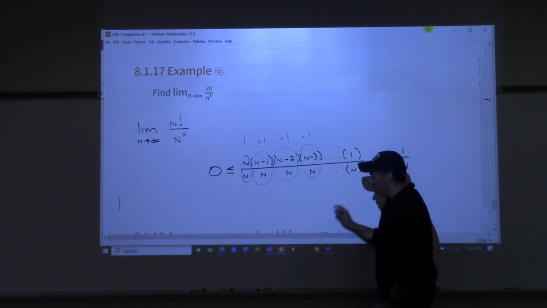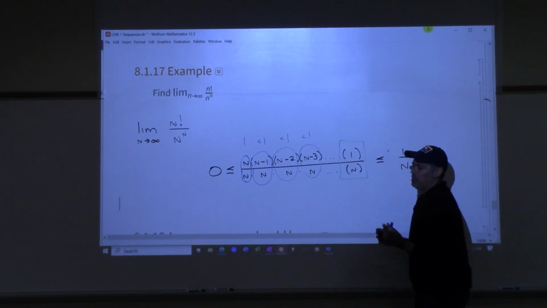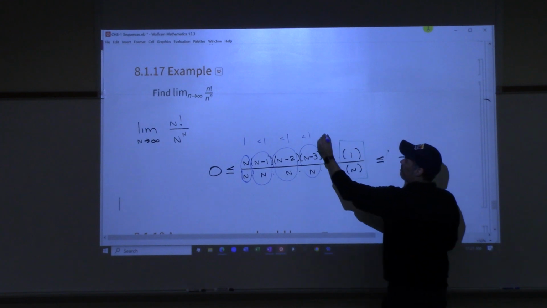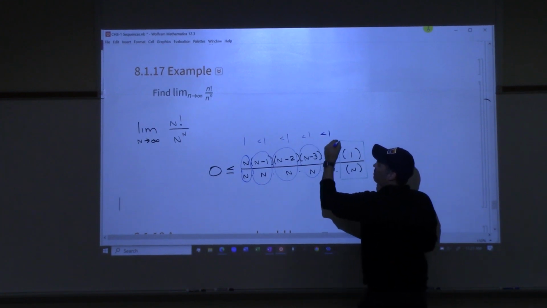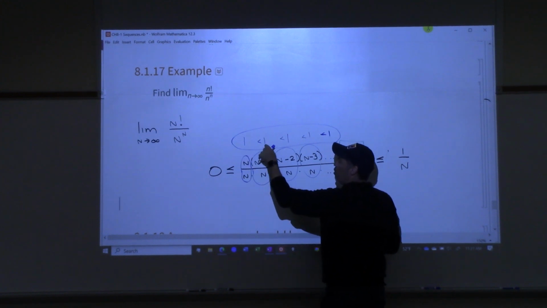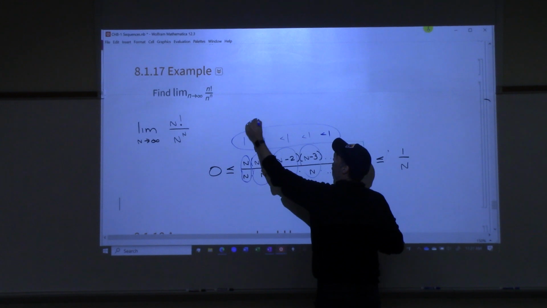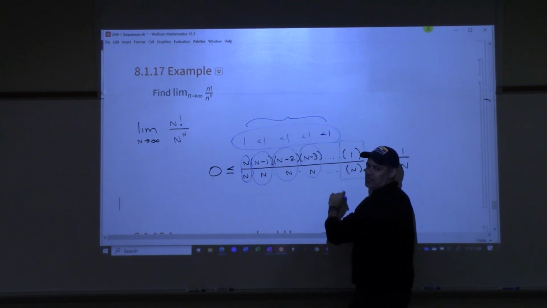And when I get to this very last one right here, I'm not going to touch that one, okay? So everything in front of this, all of these numbers together are the number 1 and then a number smaller than 1 times a number smaller than 1 times a number smaller than 1 times a number. What can you tell me about this whole thing right here? It's less than 1.